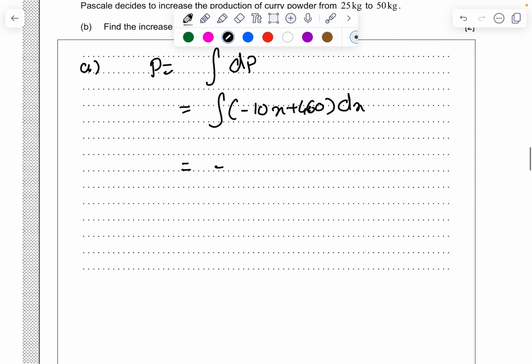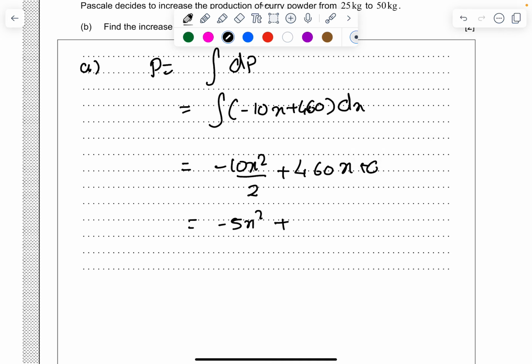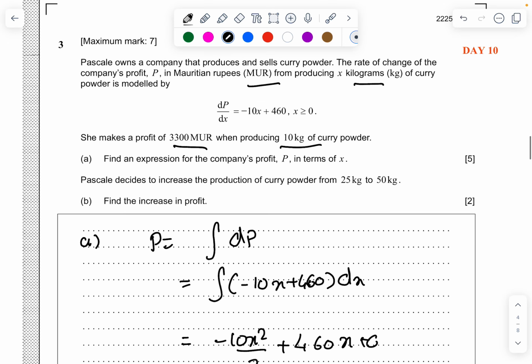So it's going to be minus 10x squared by 2 plus 460x plus c. I'm going to get that value out. Now it's going to be minus 5x squared plus 460x, but he has given 3300 for 10 kgs.